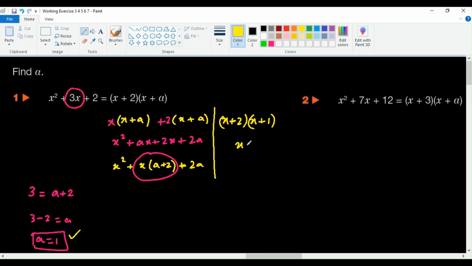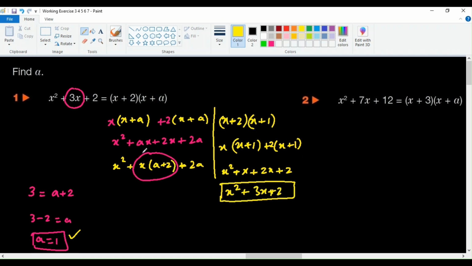So if I write x plus 1 two different times like this, and I write x plus 2 this way, let's see if it is equal to left hand side or not. x square plus x plus 2x plus 2. Now as you can see, x square plus 3x plus 2. That means this is equal to left hand side, which is the correct answer. So the value of a is 1.